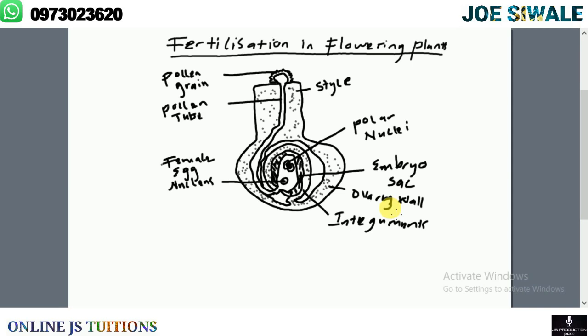So the pollen grains are going to develop the pollen tubes. As the pollen tube continues to develop down the stem, the stem will be supplying the nutrients that are required for this pollen tube to develop downwards.